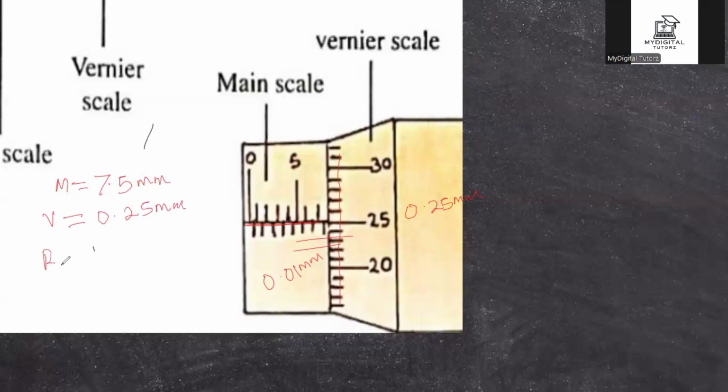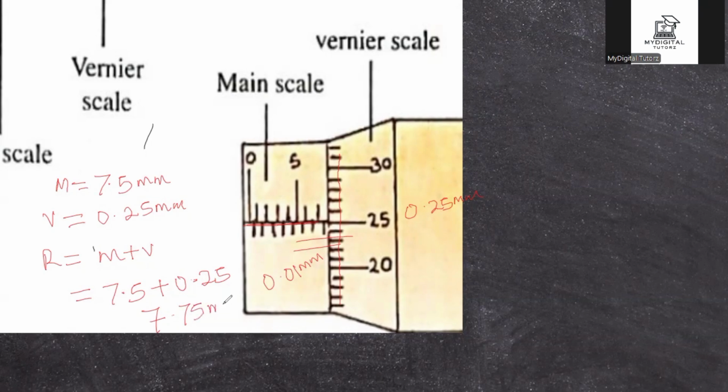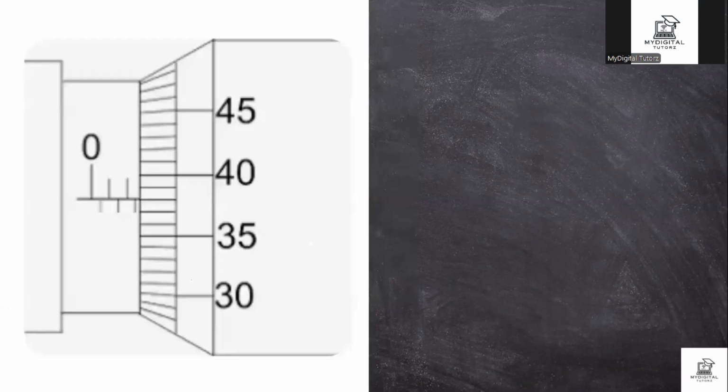Your final reading now is equal to main scale plus vernier scale, which is equal to 7.5 plus 0.25. That will give us 7.75 millimeter as your final reading. I hope this is understood. So that is about a micrometer screw gauge.